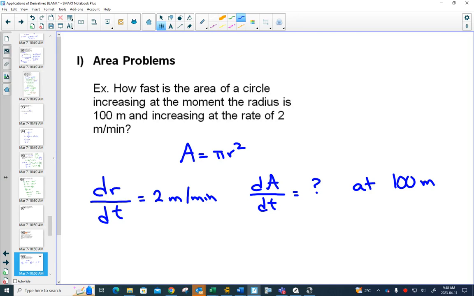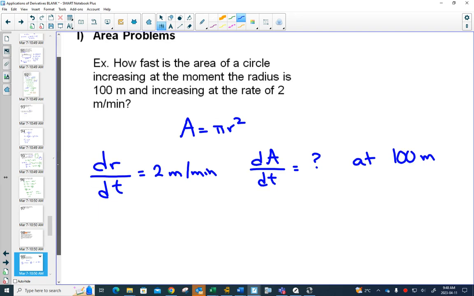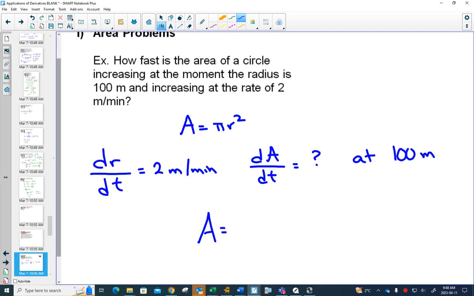And this is where implicit differentiation comes in. We take the formula that we have, and we take the derivative with respect to t of this whole thing.